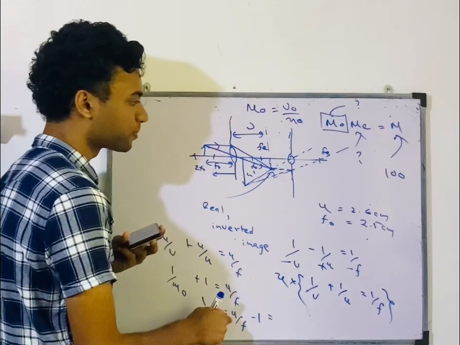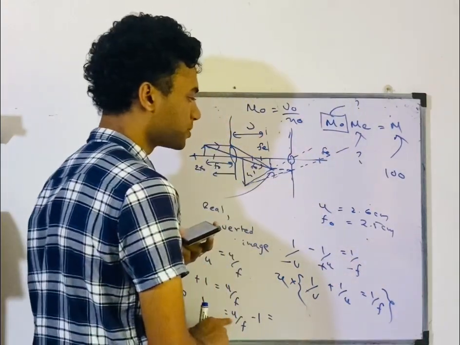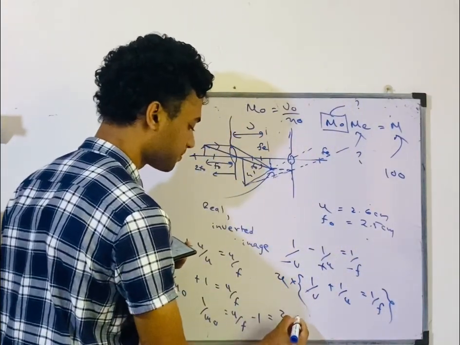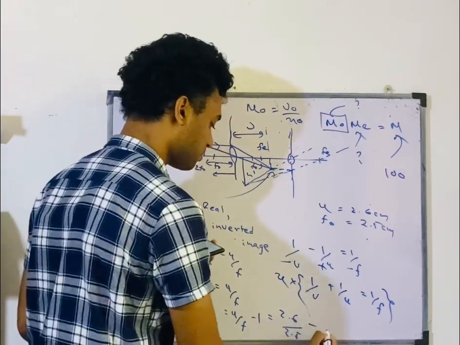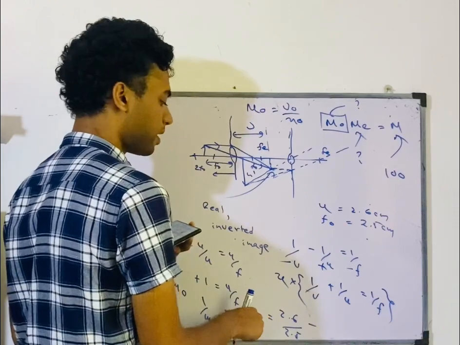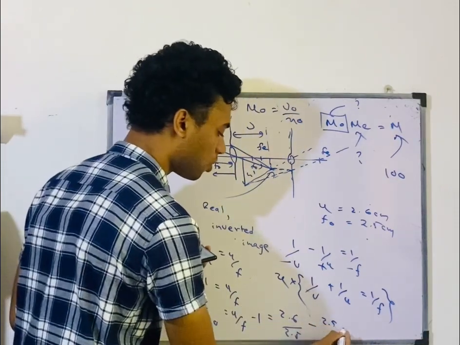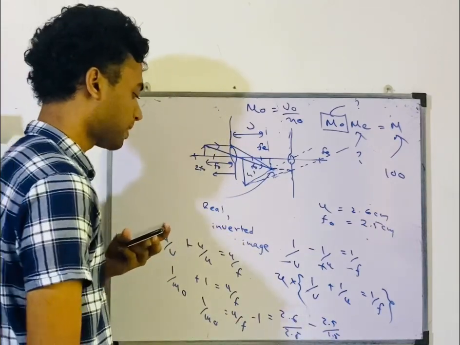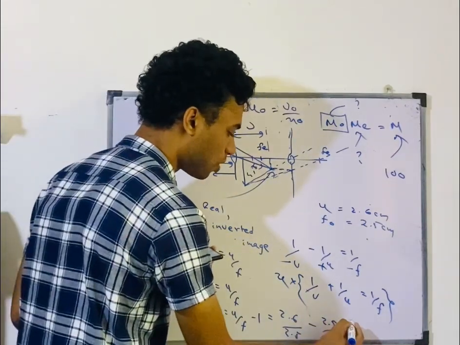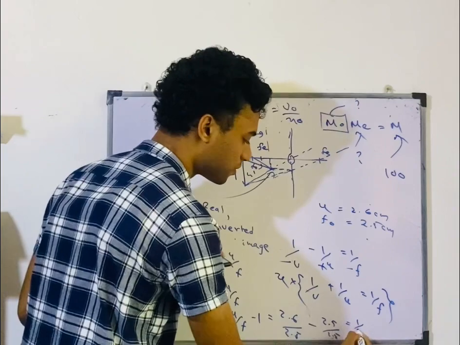But what is u? What's the object distance? 2.6. What's the focal length? 2.5, minus 1. I can write 1 as 2.5 over 2.5. You can understand why. Get the common thing. Then I get 0.1 over 2.5. That means 1 over 25.